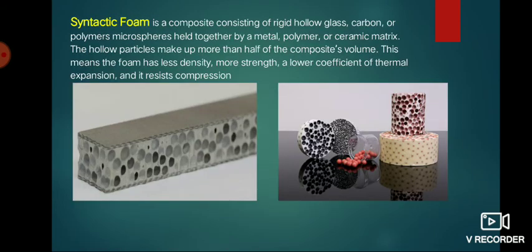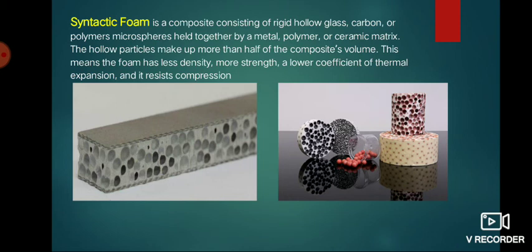Next is the syntactic foam. It's a composite consisting of rigid hollow glass, carbon or polymer microspheres held together by a metal, polymer or ceramic matrix. The hollow particles make up more than half of the composite's volume.